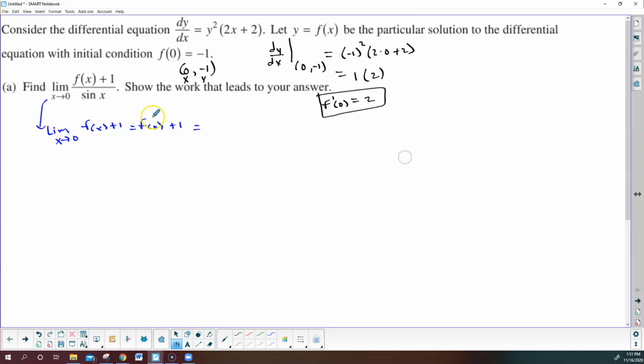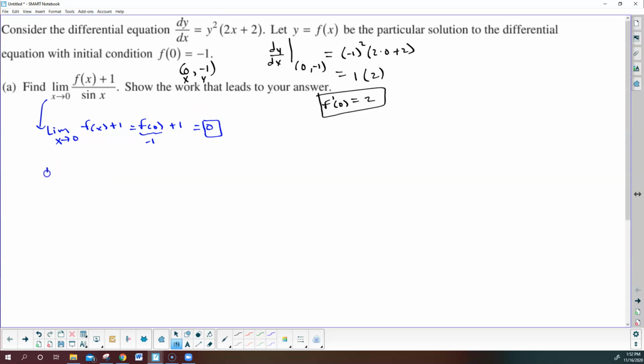Now notice, we don't have the function f, but they tell us exactly what f of 0 is equal to. f of 0 is -1. So this part right here is -1. -1 plus 1 tells me the numerator goes to 0.